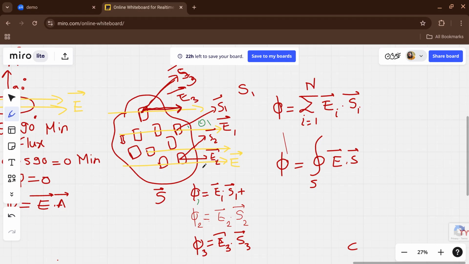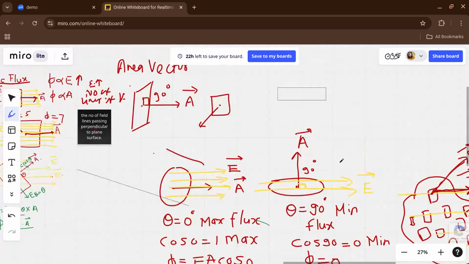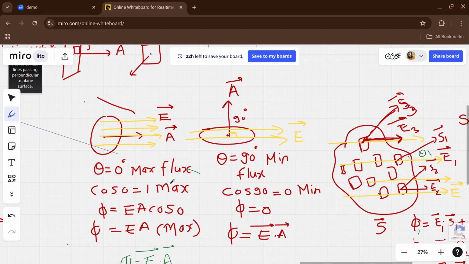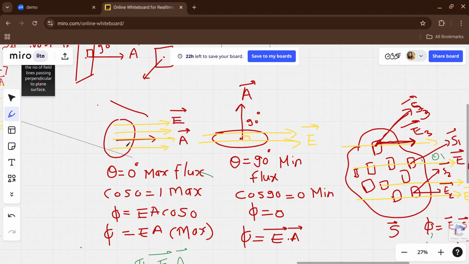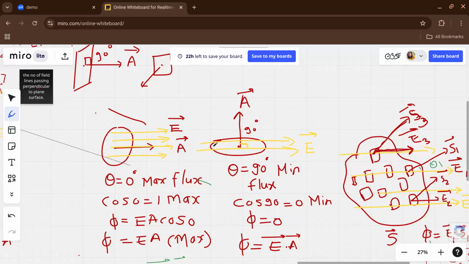So when it comes to area vector or when it comes to flux, we have to count the area vector and the electric field intensity. Those two are the contributing factors. You got it? So the flux is maximum when the electric field intensity and area vector are in the same direction and both are normal to the surface, because the condition for flux is that the lines of force have to be normal or perpendicular to the surface, and the area vector is always perpendicular to the surface.